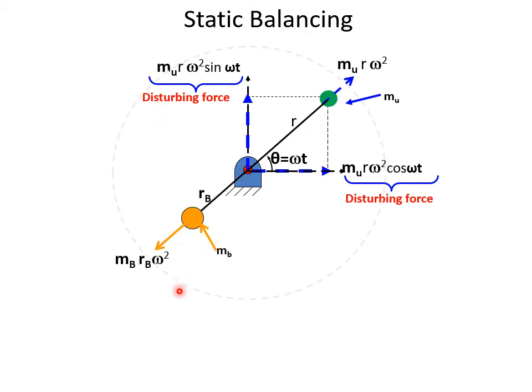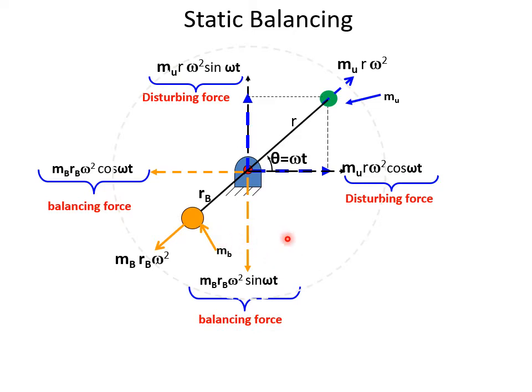If we provide a mass mb at some radius rb such that mb rb omega square becomes equal to mu r omega square, then this mass would be balanced. In that case the horizontal component of the balancing mass, mb rb omega square cos omega t, becomes equal to mu r omega square cos omega t, and similarly the vertical component of the balancing mass, mb rb omega square sin omega t, becomes equal to mu r omega square sin omega t.